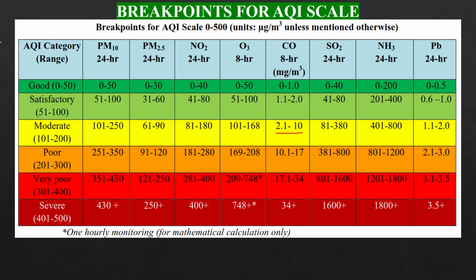Likewise, you can see that for PM10 the maximum permissible limit is 100. So 0 to 50 is good, 51 to 100 is satisfactory, and accordingly moderate, poor, very poor, and severe are calculated for breakpoints in a scale of 0 to 500 for each air pollutant.